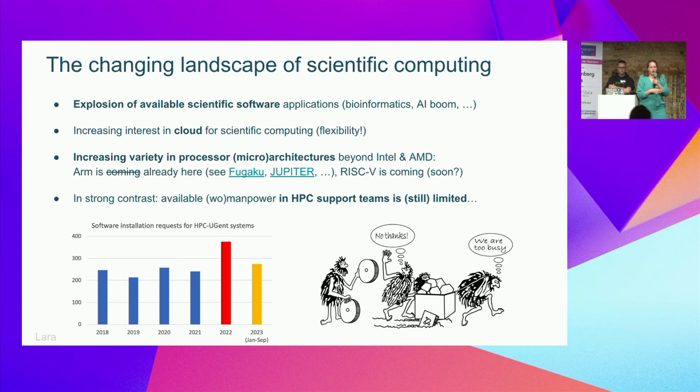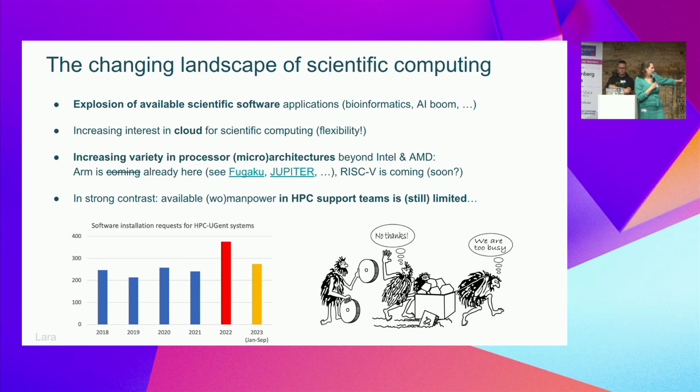The scientists also ask for more and more different kinds of systems, such as cloud. And you also have an increasing number of processors and microarchitectures, so it's getting harder and harder to keep up with installing the software on these systems.